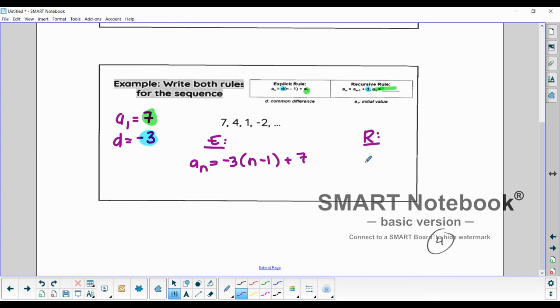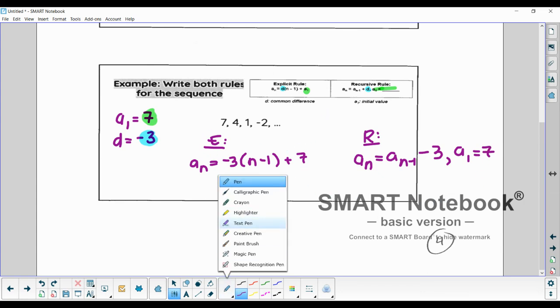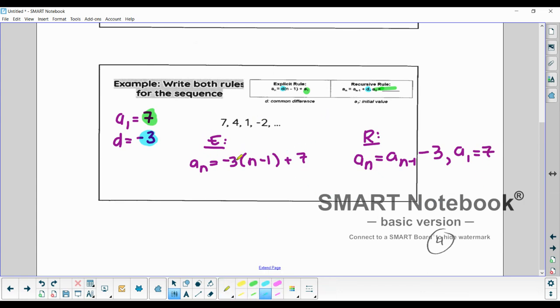The recursive rule would be A sub n equals A sub n minus 1 plus D. Well, I guess it's -3 since it's -3. And then comma, A sub 1 equals 7. So again, all I did was put D and 7, A sub 1, in the correct places in the formulas.